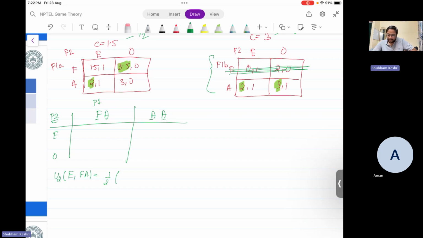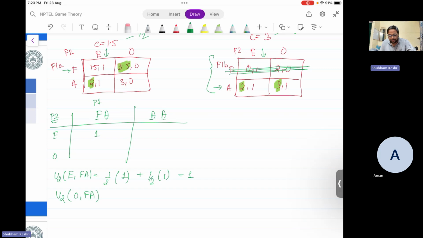So you see, player 2 is entering and player 1A is fighting. So the utility of player 2 is 1. All right. And when player 2 is entering and player 1 is accommodating in this game, his utility is 1. So this will be 1.